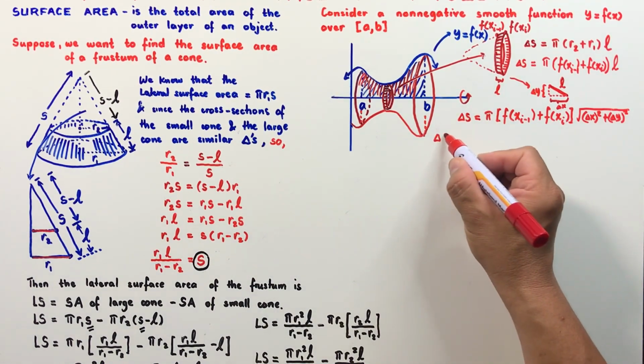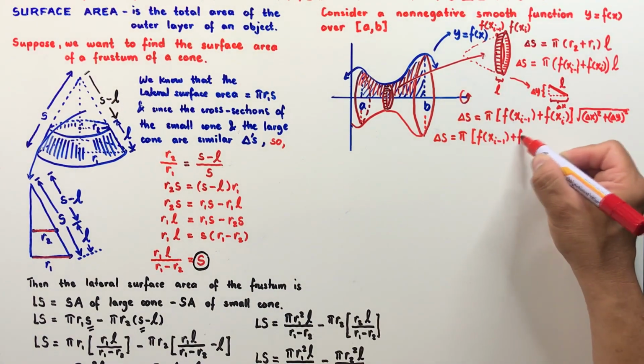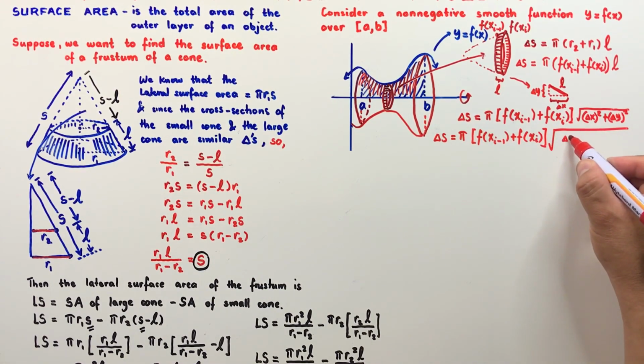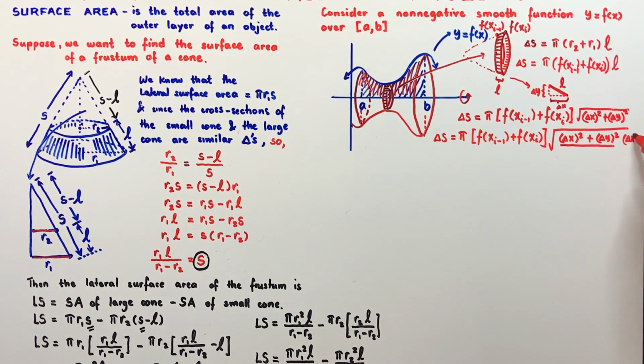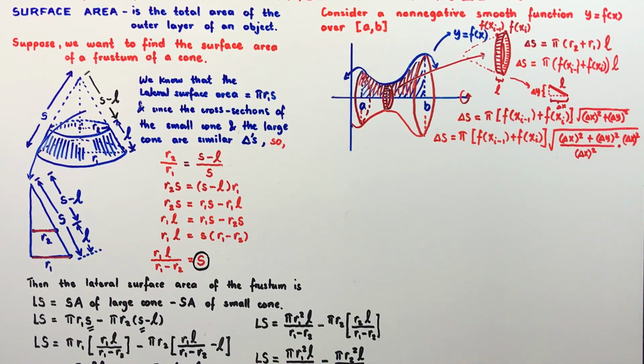And then we can apply a little manipulation here, which is to multiply the radicand by something that makes the first term in the radicand equal to 1. So if we multiply the whole term by delta x quantity squared and divide also by delta x quantity squared here, I was not able to alter the value of the radicand because delta x squared divided by delta x squared is just equal to 1.